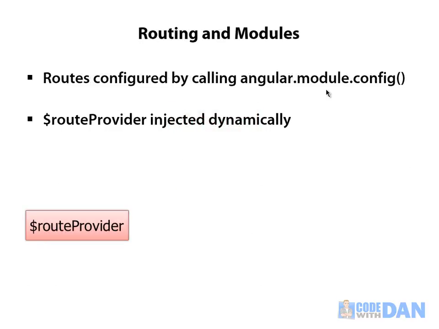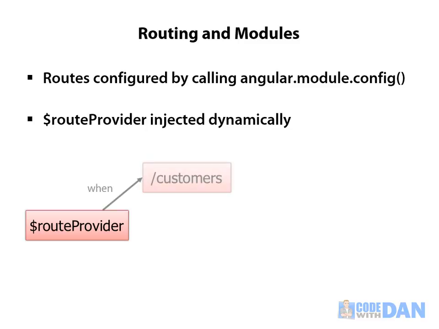Now, when it comes to getting started with configuring routes, we're going to be using an AngularJS module. So we're going to do the standard angular.module, get to the module that we want, and then we can call a special function called config. Now, into this function, you're going to have a route provider, which will be injected automatically. And this route provider is going to be used to determine what happens as you navigate to a given path.